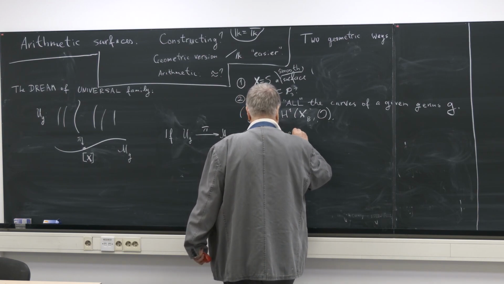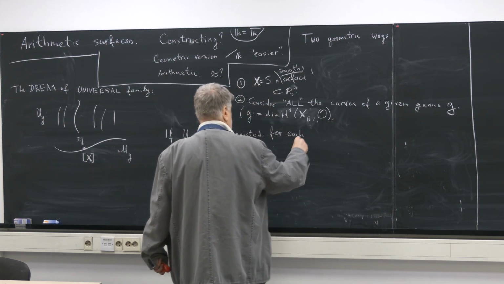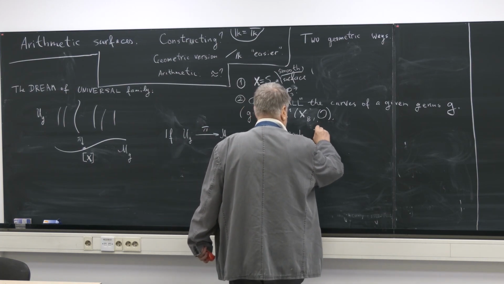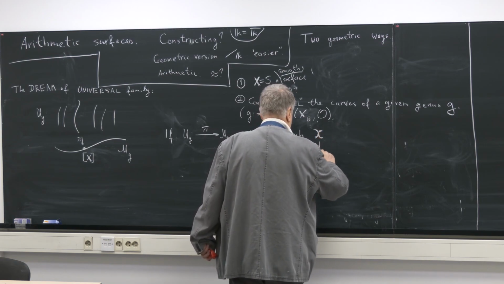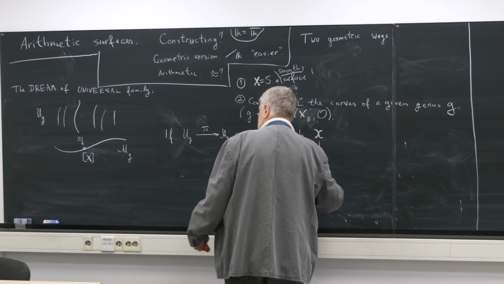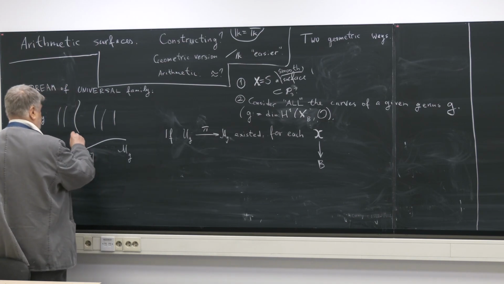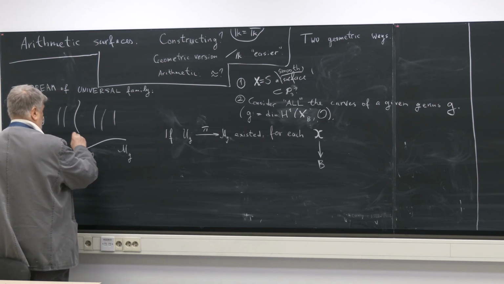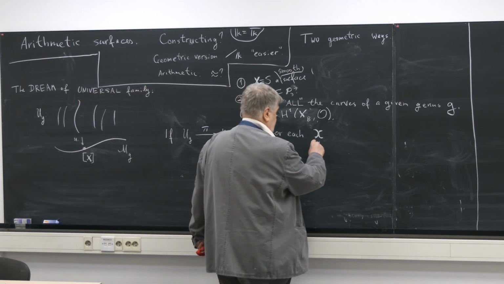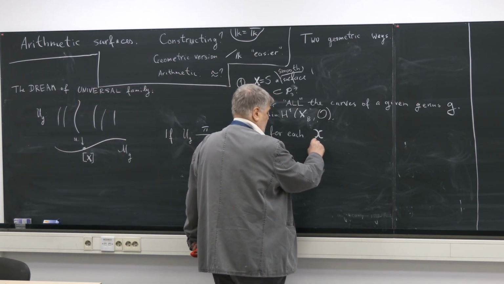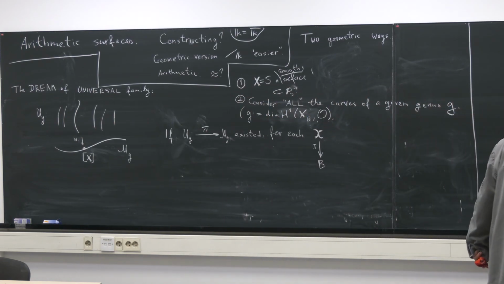then for each arithmetic surface as we consider it, X over B, let's denote its projection by small u, and we'll stick to our bias for the variable family of curves.